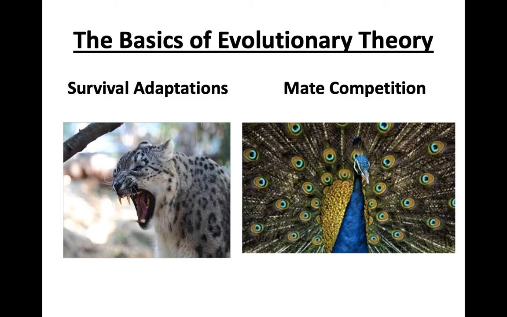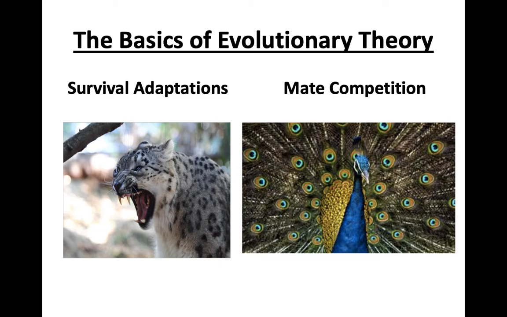Even having a fear of snakes or a fear of some predator is an evolved psychological adaptation. People that don't have a fear of snakes or predators are more likely to get bitten or eaten. So, according to the theory, these would be evolved adaptations.